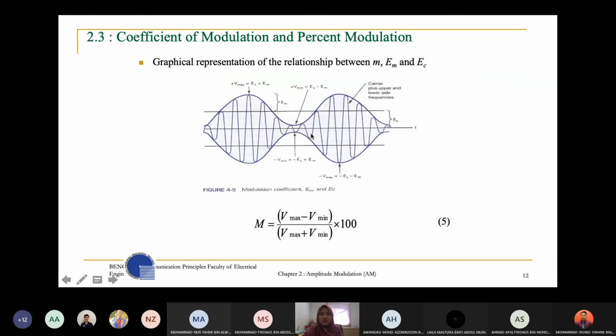And also from this output AM envelope, you can calculate the modulation coefficient. Previously you already know that percent modulation M is equal to EM over EC multiplied by 100%.